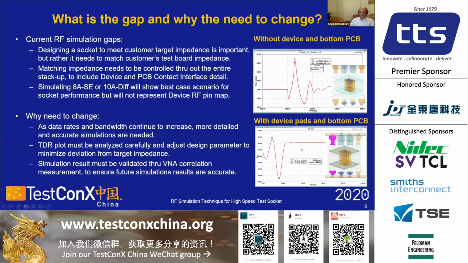Other than that, the crosstalk is pattern dependent, so it's based on the customer pin map, and usually differential crosstalk is recommended to be surrounded by ground, 8A or 10A at the least. If you have a differential pair with a lack of ground to shield the signal, then you will have some high crosstalk.